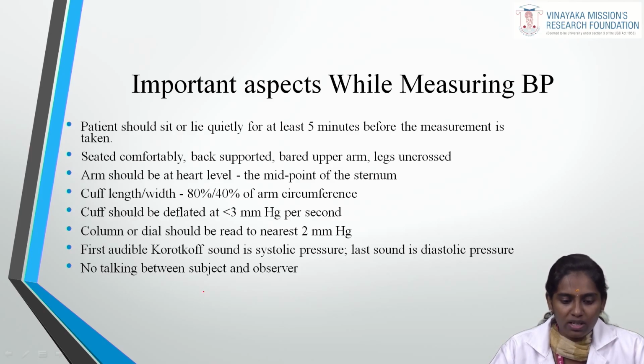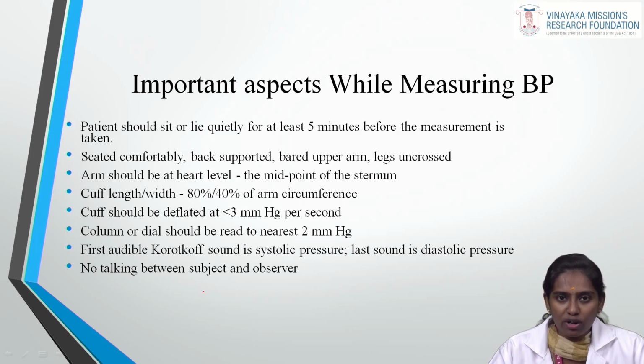The arm should be at heart level, the midpoint of the sternum. The cuff length and width should be 80% by 40% of the arm circumference. The cuff should be deflated at less than 3 mm of mercury per second. The column or dial should be read to the nearest 2 mm of mercury.